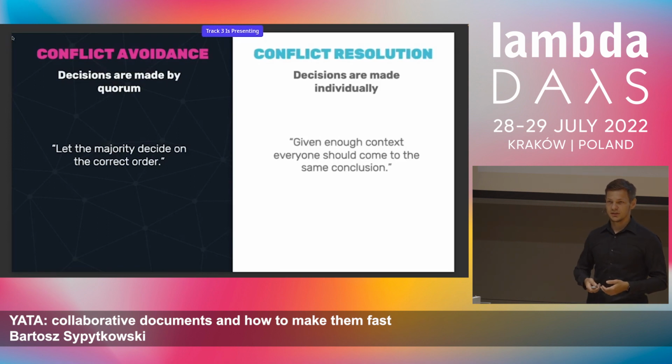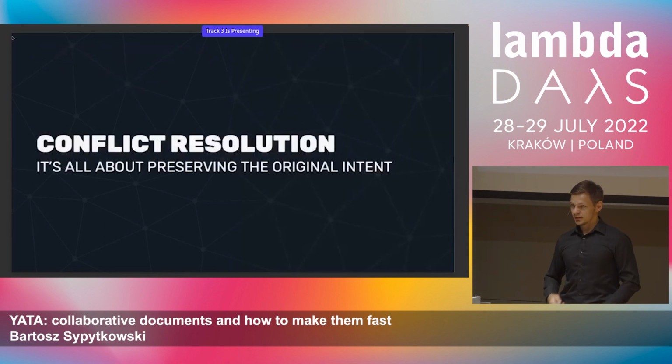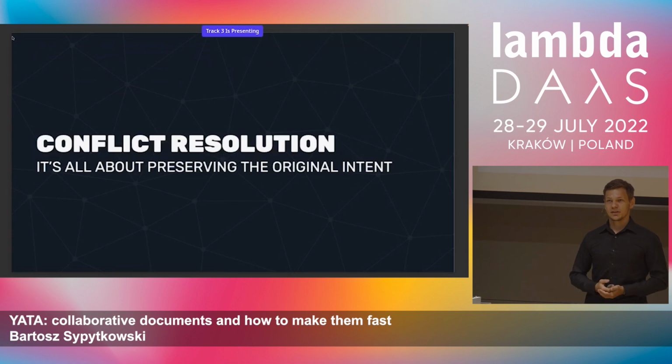So basically, we are allowing the conflicts to occur, but we are providing enough metadata for each of the peers to resolve those conflicts. So assuming that we give enough metadata, those peers will be able to resolve those conflicts by themselves, because the conclusion of our ordering will always be the same. And conflict resolution is really all about maintaining the specific intent.